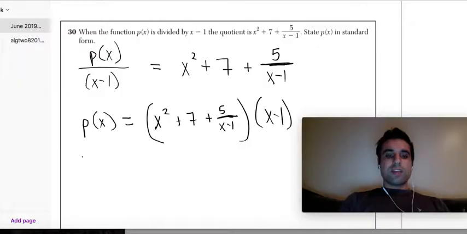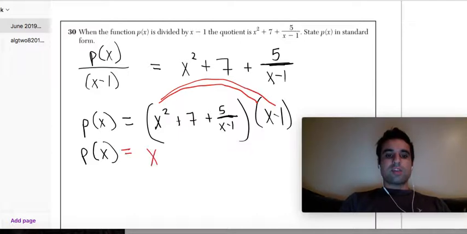That's the same as if I were to distribute individually. First I'll distribute the x squared over x minus 1, and that'll become x cubed minus x squared. Then I'm going to distribute the 7 over x minus 1.